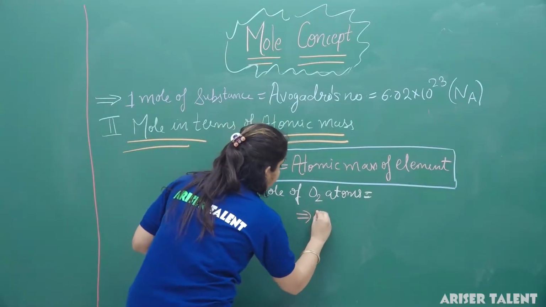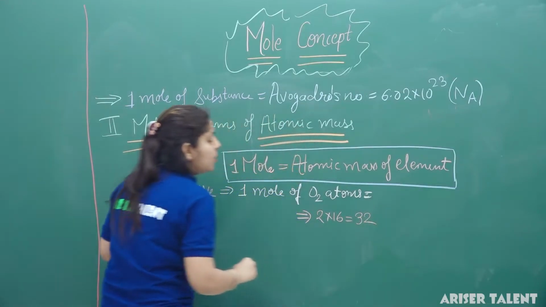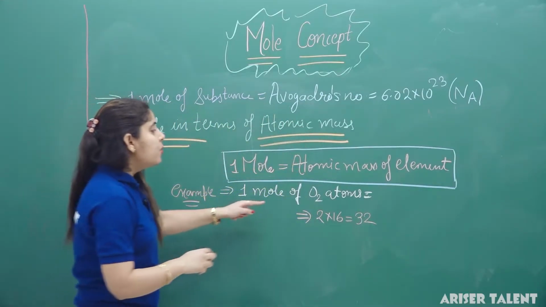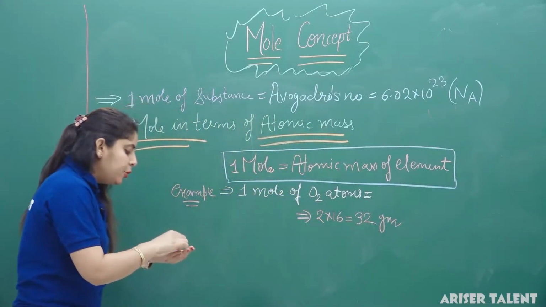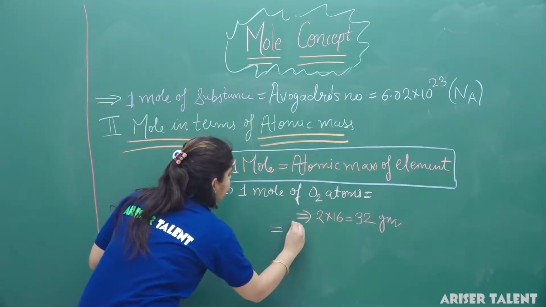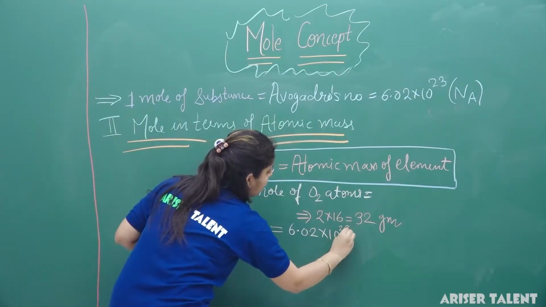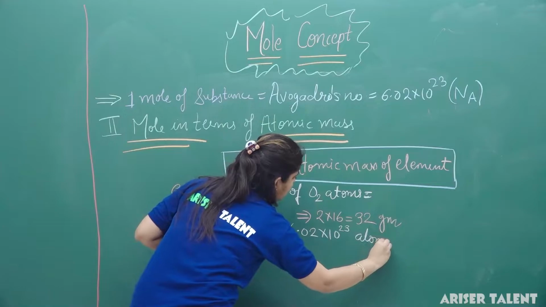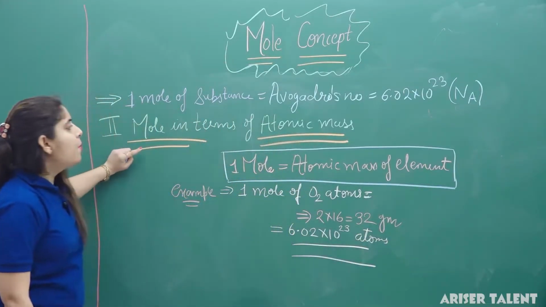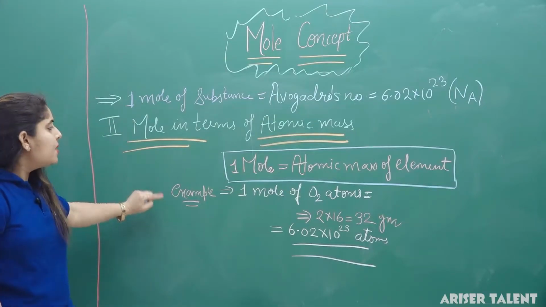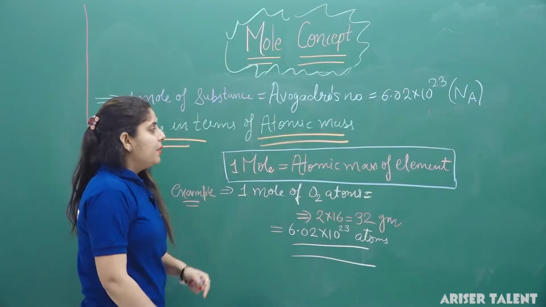So in 32 grams of O2, we will have 6.02 into 10 raised to the power 23 molecules. So it is all about the mole in terms of atomic mass. It will be equal to the atomic mass of that particular element.